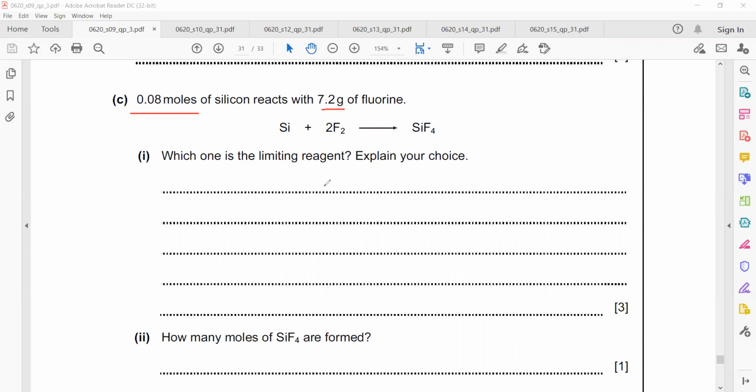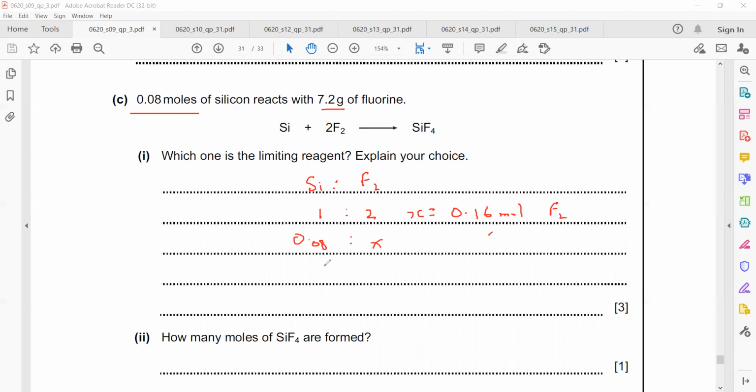So what we can do, we take the ratio between silicon and fluorine first to get the moles of fluorine. The ratio between them is 1:2. So if you have 0.08 moles of silicon, then X moles of fluorine. Cross multiply, so 0.16 moles of fluorine will be there.